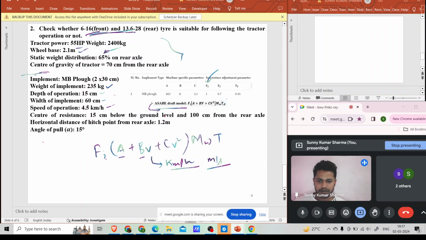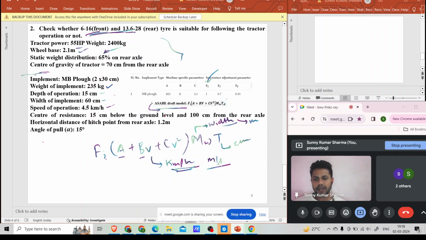Sivarman, you guess what it should be. Yes, it is in kilometer per hour. This is the width of the implement and this is the depth of the implement. Width of the implement is in meter and depth is in centimeter.